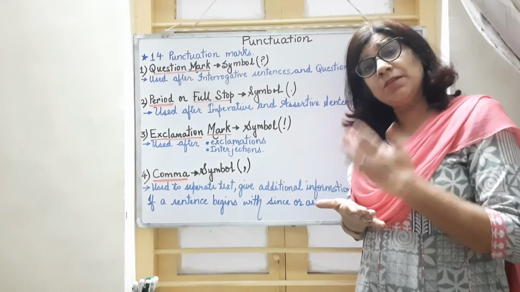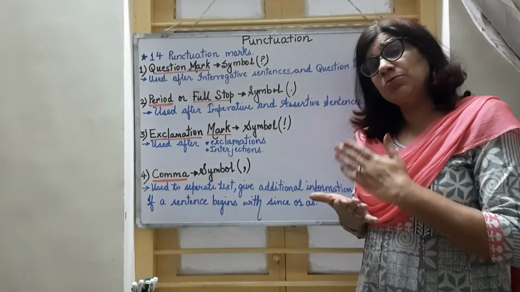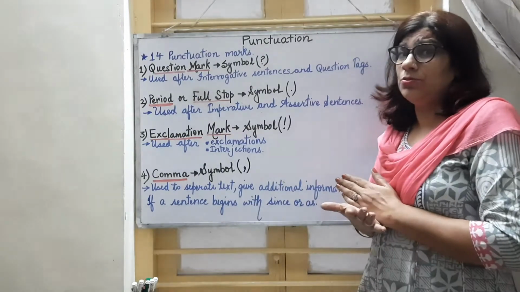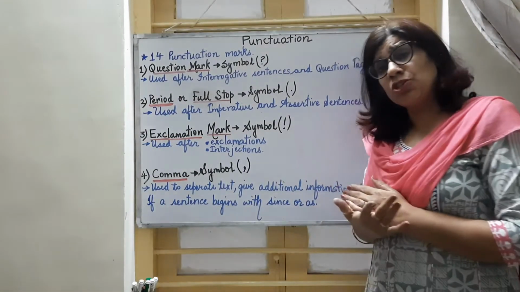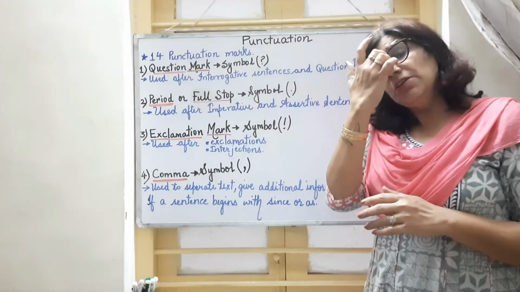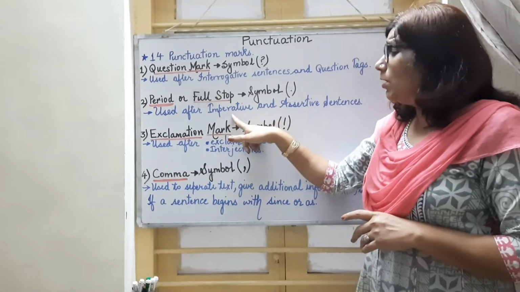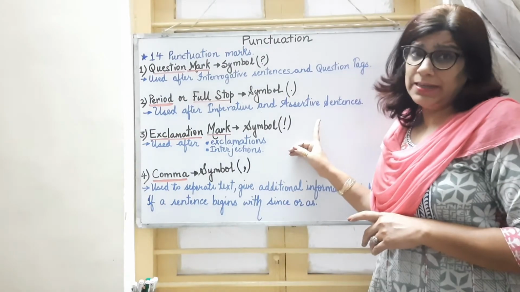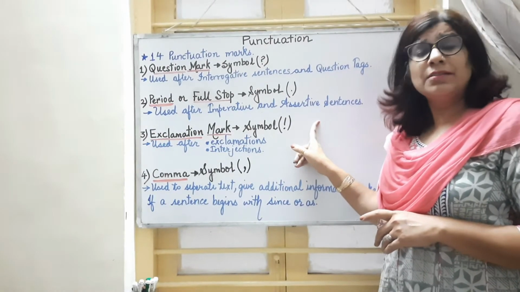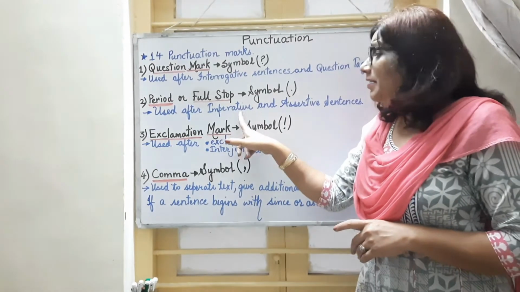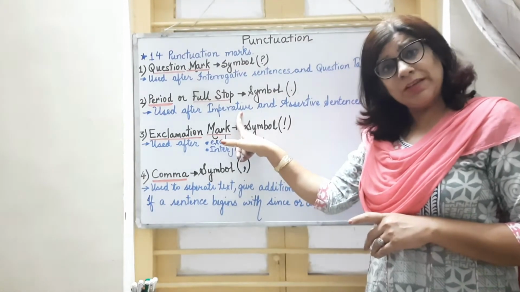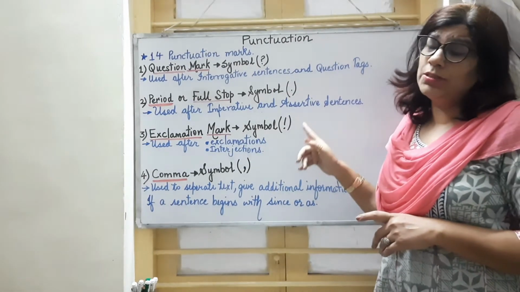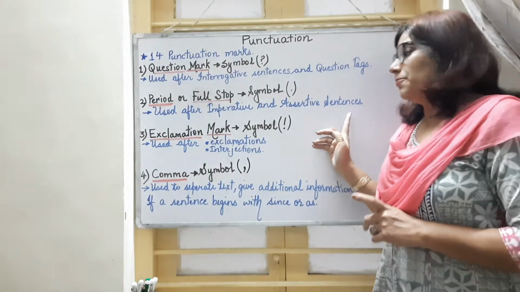When the sentence comes to a complete end, then we are going to use a full stop. When we are sure that the sentence has come to a full end. And we all know what imperative statements and assertive statements are. He is my little brother. An imperative statement: please go and sit down there. After the end of both the statements, we are going to use a full stop.